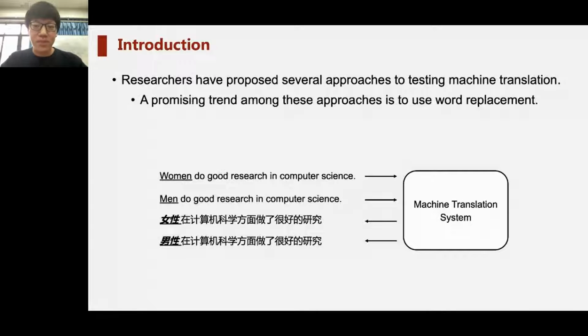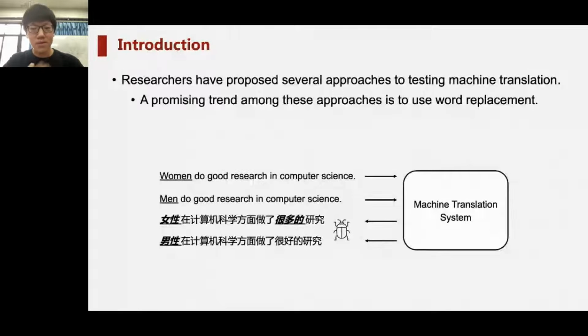Then the testing approach feeds those two sentences to the machine translation. Since only one word is changed in those sentences, their translations ought to be similar to each other. In this example, there should be only one word difference between those two translations. However, if the translations are not similar to each other, the testing approach reports it as an inconsistency bug.